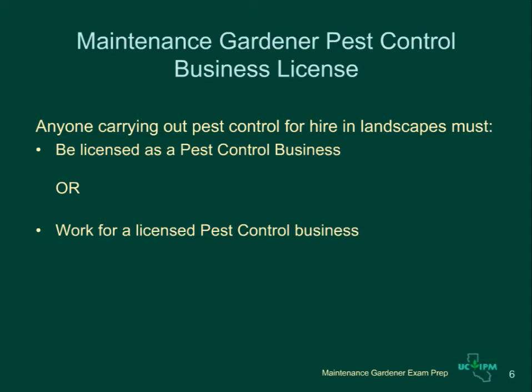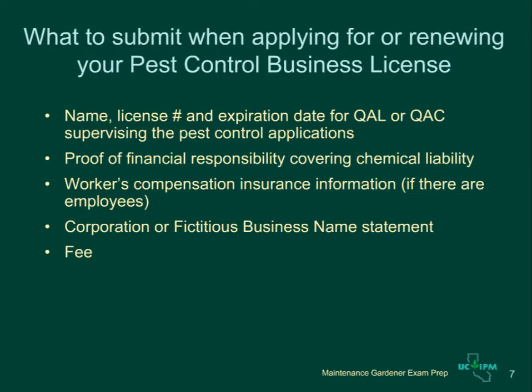These businesses are licensed by the California Department of Pesticide Regulation. No exams are required to get a pest control business license. However, you must fill out a form, pay a fee, and provide specific information as shown here. Every pest control business must have at least one licensed pesticide applicator working for the business. This person must be identified on the form.